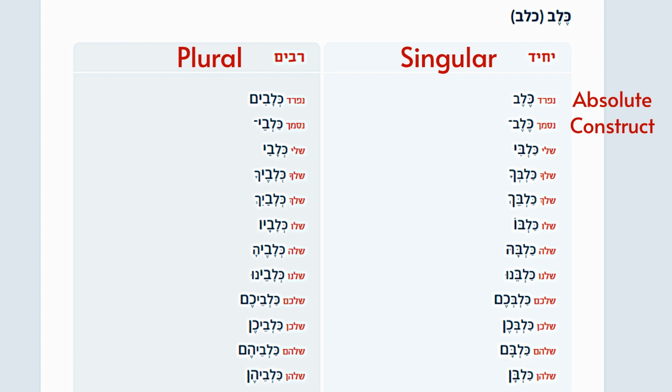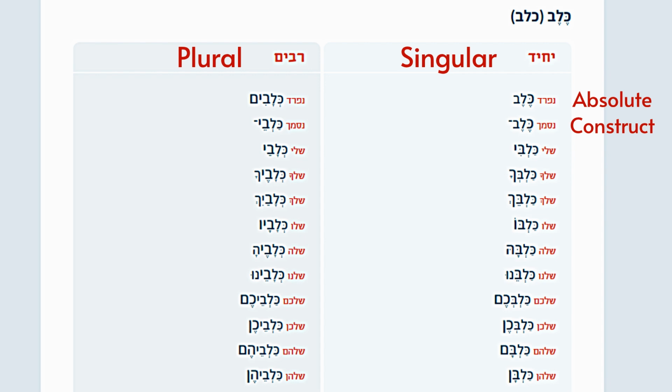And next to that, in large blue text, we have the word kelev or kalavim in construct form with the corresponding singular suffixes on the right side and plural suffixes on the left side. Kalbi, my dog, kalbecha, your dog, and kalavai, my dogs, and kalavecha, your dogs.